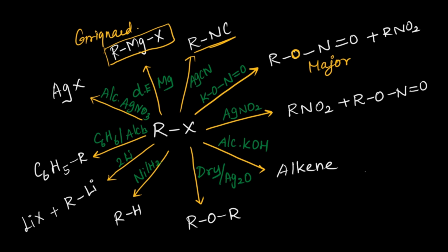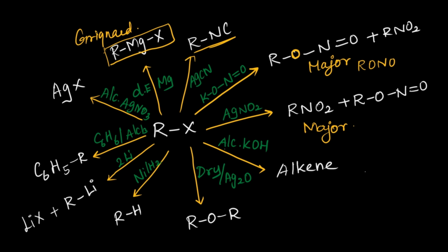Oxygen is getting attached, so the product is RONO, and the minor product would be nitroalkane. But if I am treating it with silver nitrite, it gives the major product as nitroalkane and the minor product as oxygen attached with the alkyl.